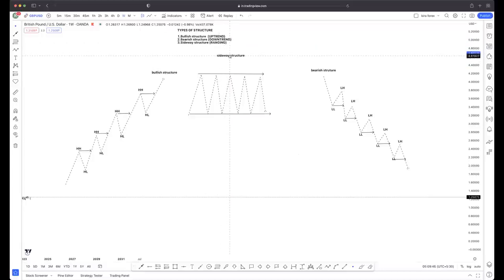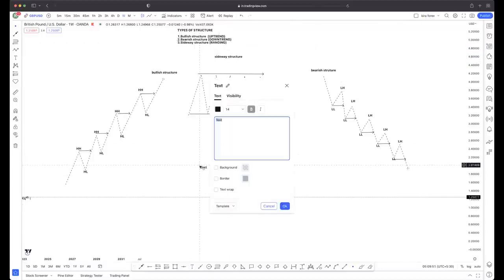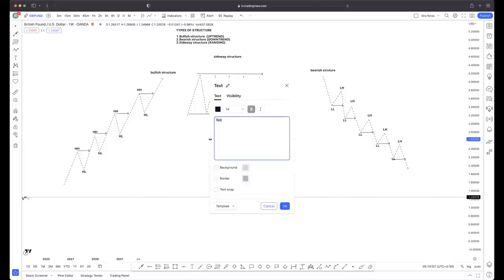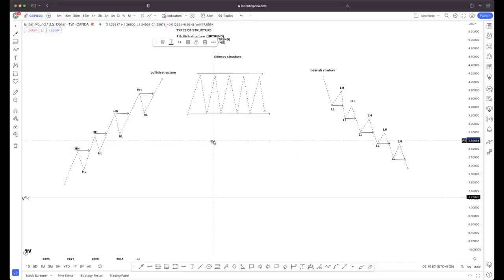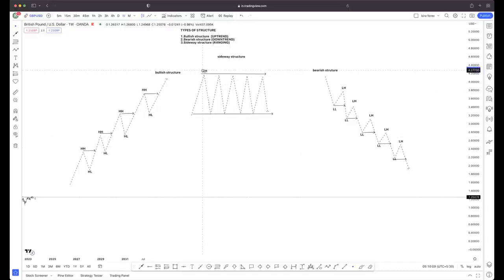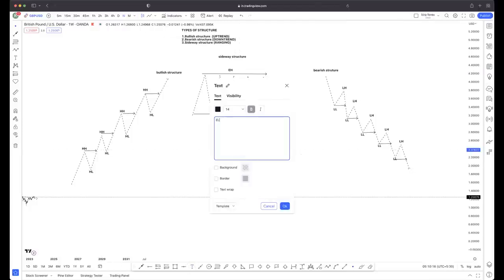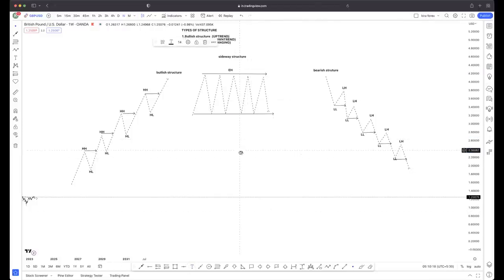With the sideways structure, we have equal highs, and then we also have the equal lows.